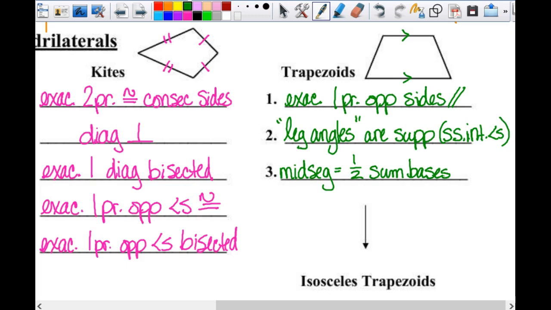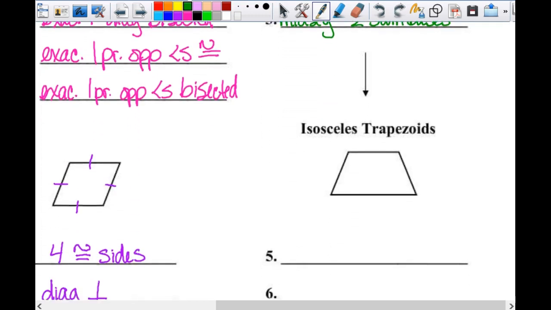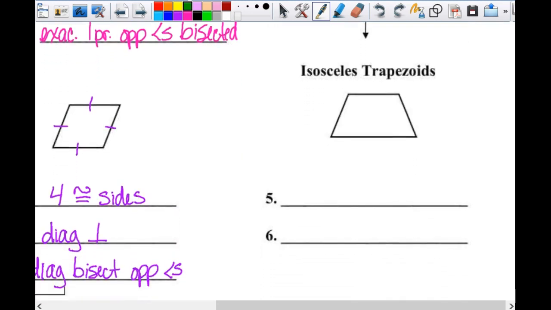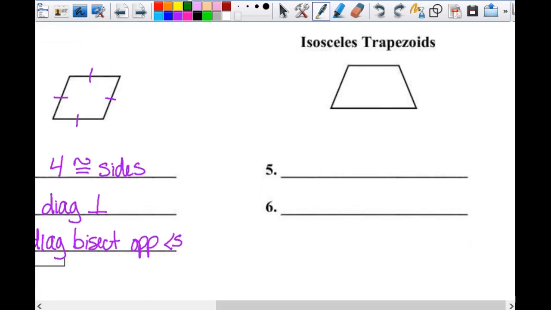And then if you are a trapezoid, you can be a more specialized trapezoid, right? In addition to these three things, if you are an isosceles trapezoid, what makes an isosceles trapezoid an isosceles trapezoid? The legs are congruent. Good. And if you notice, it goes 1, 3, 5.